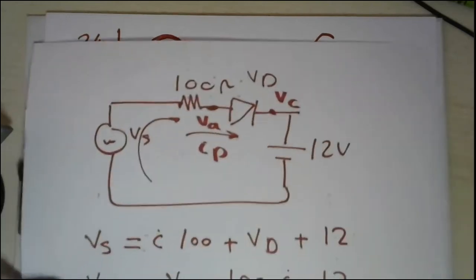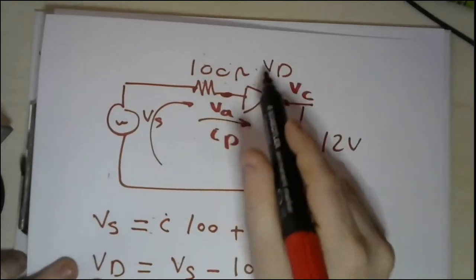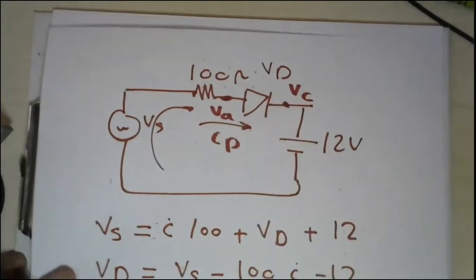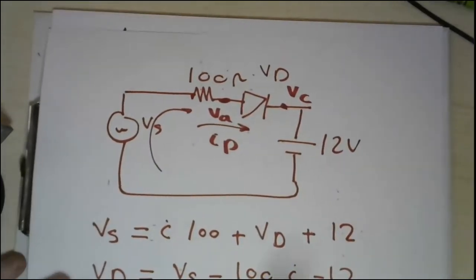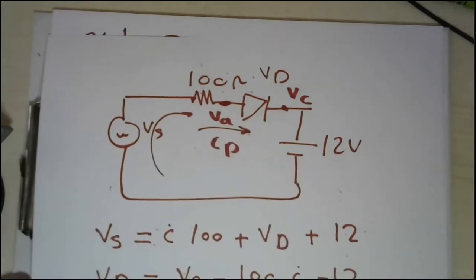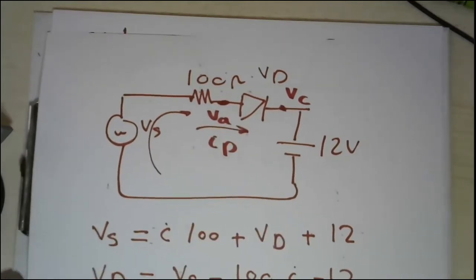In this region, my dear students, we will replace the diode with a short circuit. Otherwise, we will replace the diode with an open circuit. So this is the only region at which your circuit will conduct. Otherwise, your circuit will not conduct.